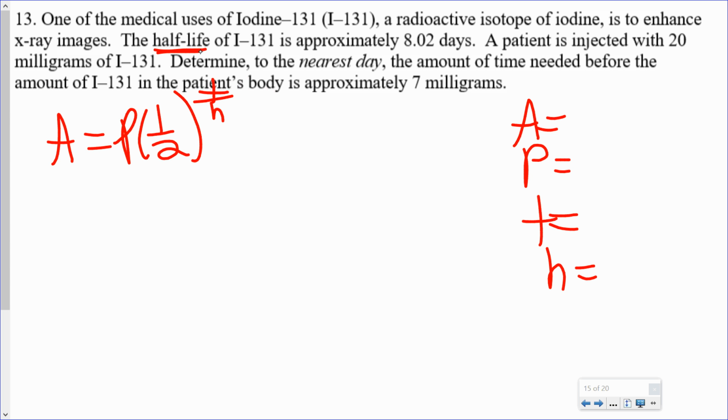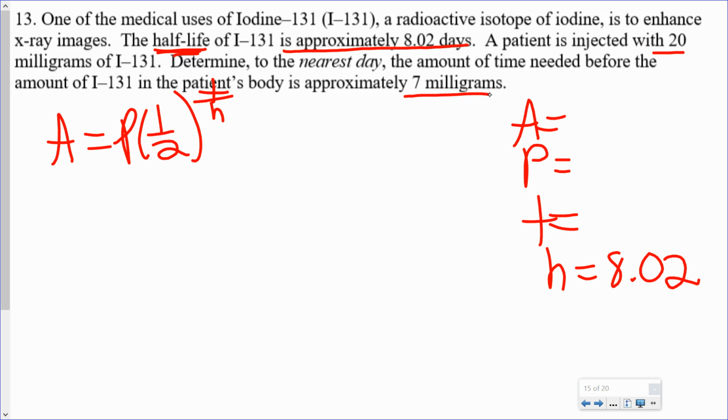Okay, the half-life is approximately 8.02 days. That's H. It's pretty straightforward. It's saying that the half-life is that. That's the time it takes for the amount to be cut in half. A patient is injected with 20 milligrams, and then later it says how much time is needed for there to be 7 milligrams. So the question is, which one is P and which one is A?